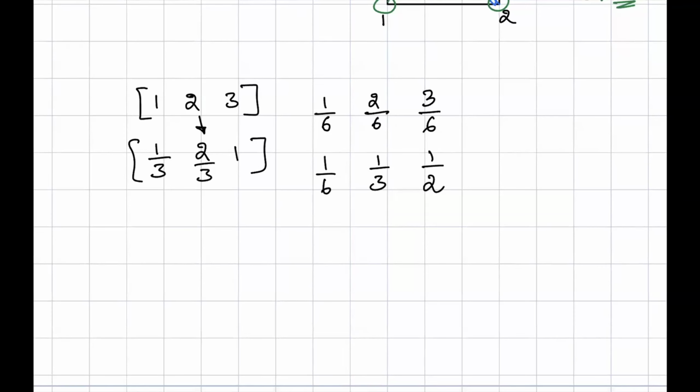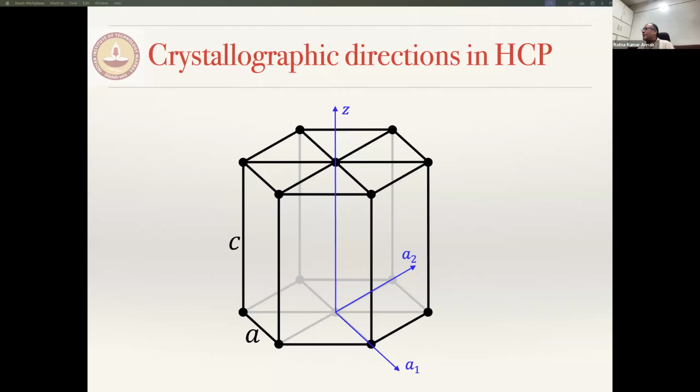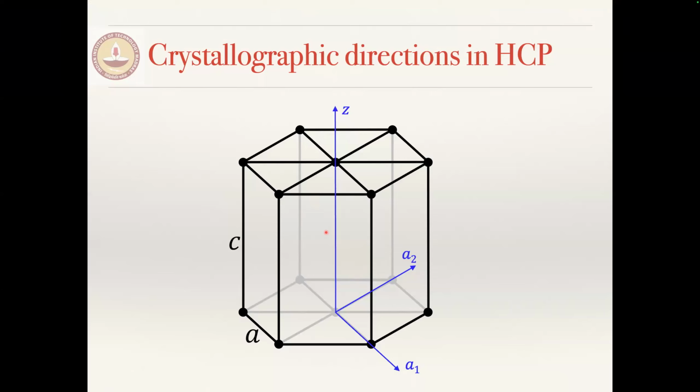Okay. Sorry. Now you are seeing the screen, I suppose, right? Yes, sir. The screen is visible now.